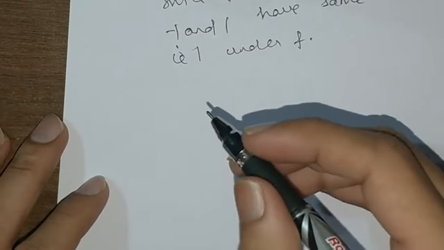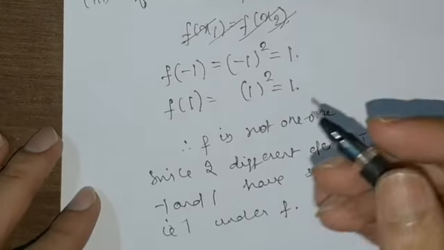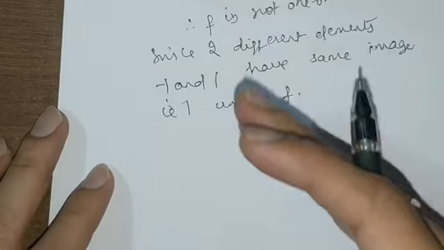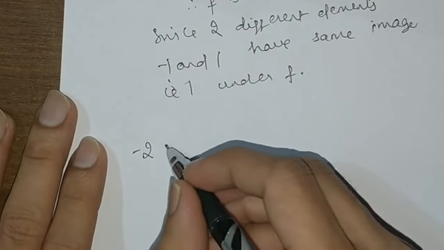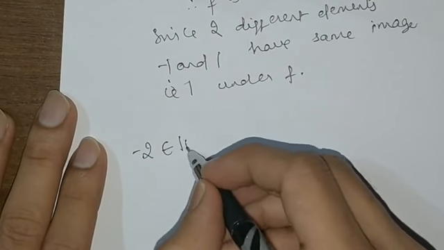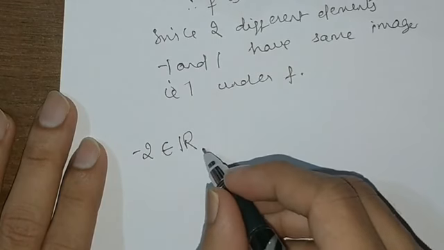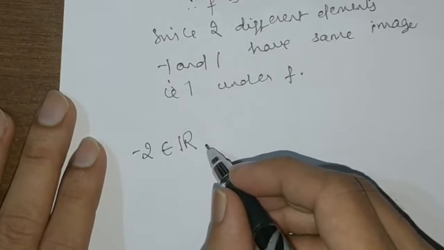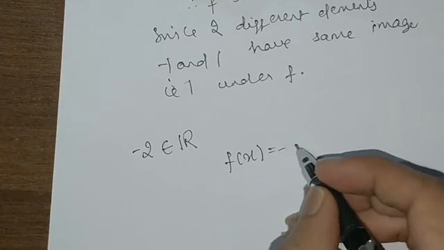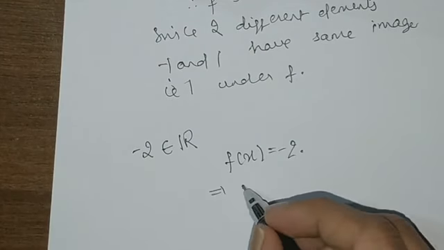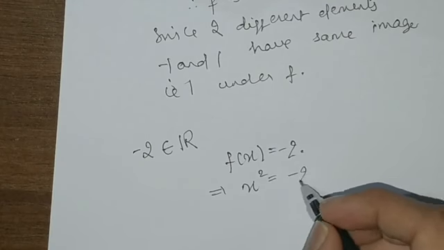To check whether f is onto or not, this function will not be onto, because if you take minus 2 belonging to the codomain, which is R, and you try to find the x, you will get x square is equal to minus 2.